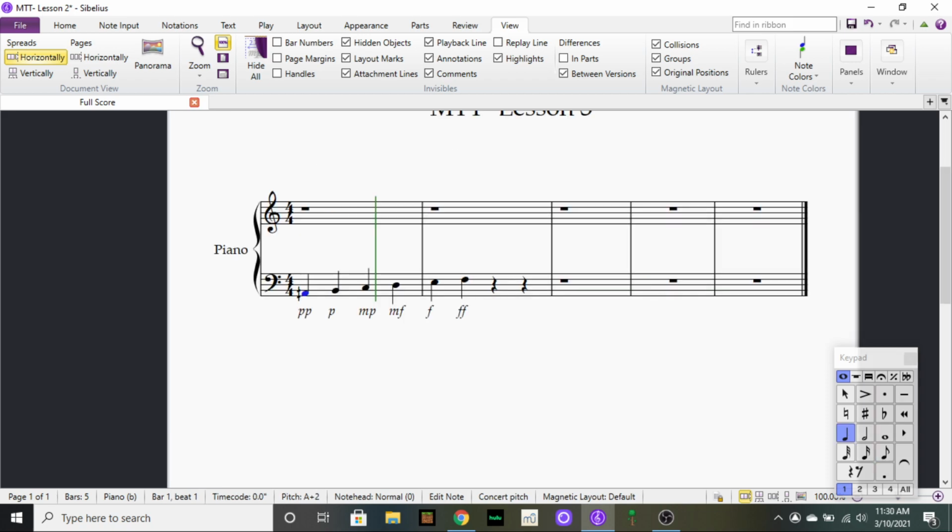Okay, so next we are going to talk about dynamics. Dynamics are like the loud and the soft of music. Just because you're playing something soft does not mean you need to be weaker on it.